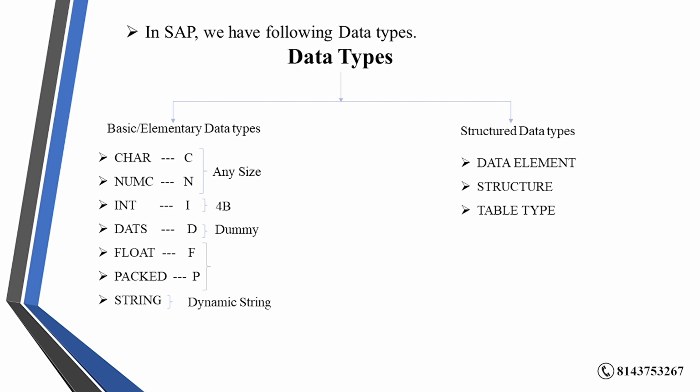Similar to C, C++, and Java, we have basic or elementary data types. What are those?